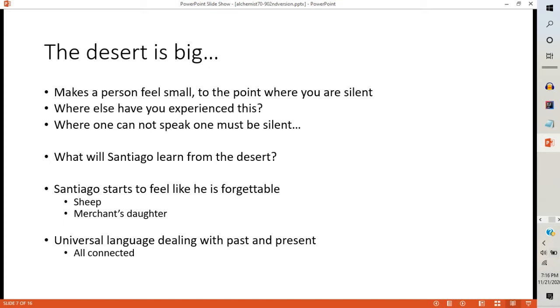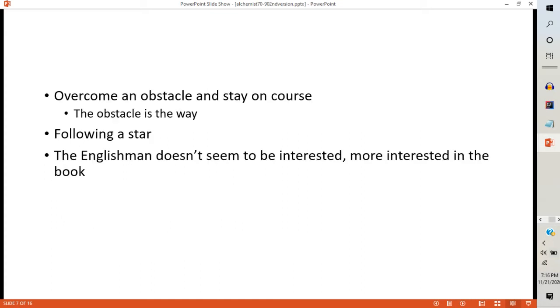He says his mother used to call these things hunches, where the past and the present are kind of connected. It's an interesting way to put it.